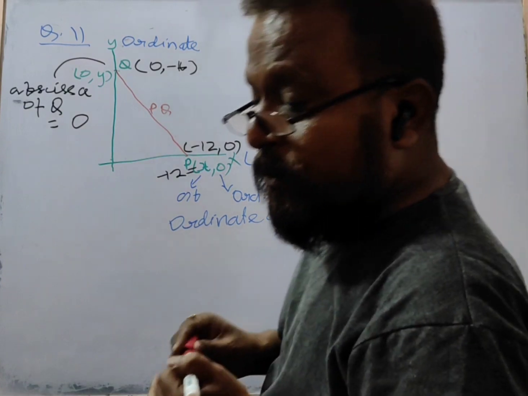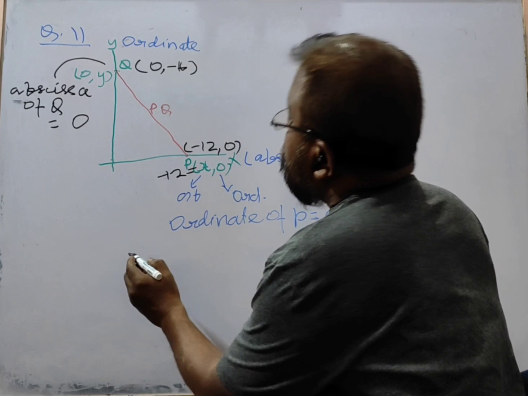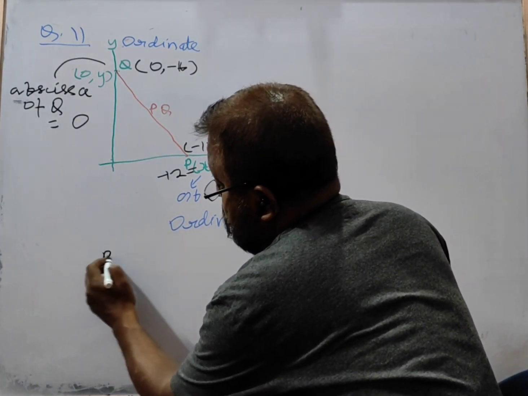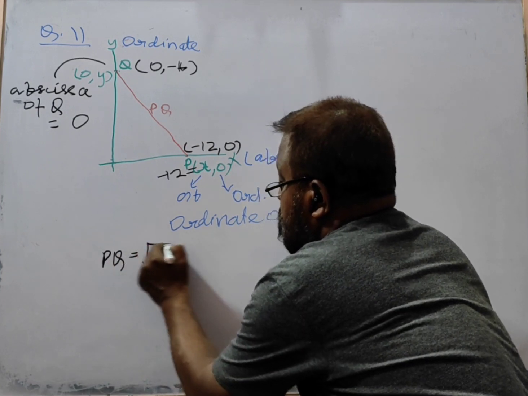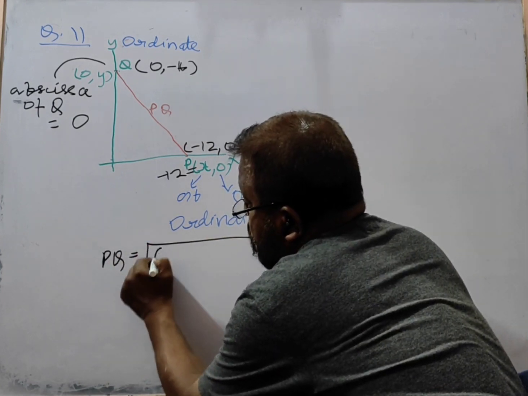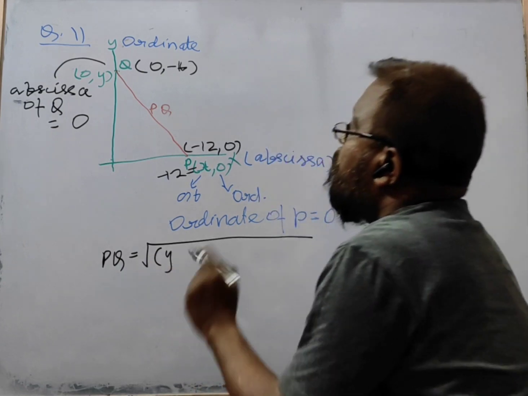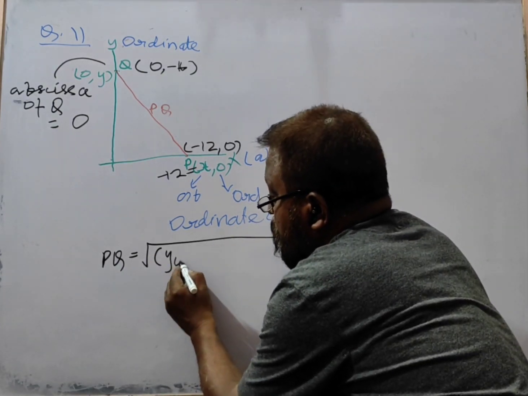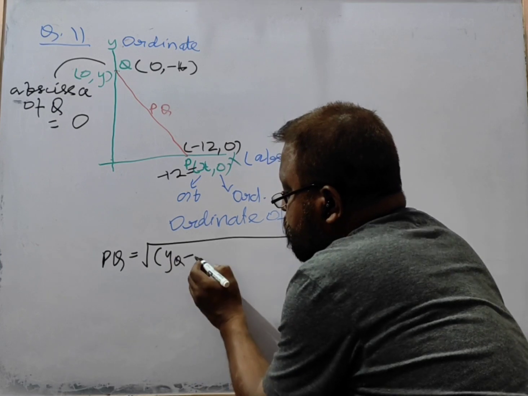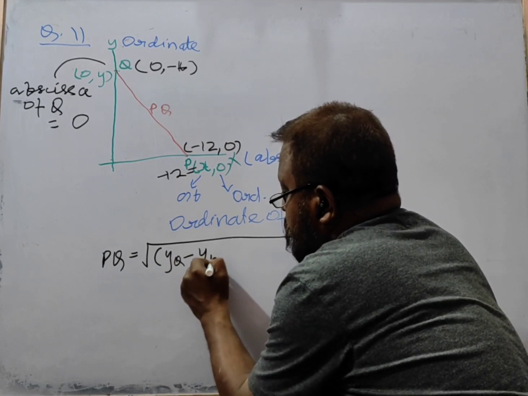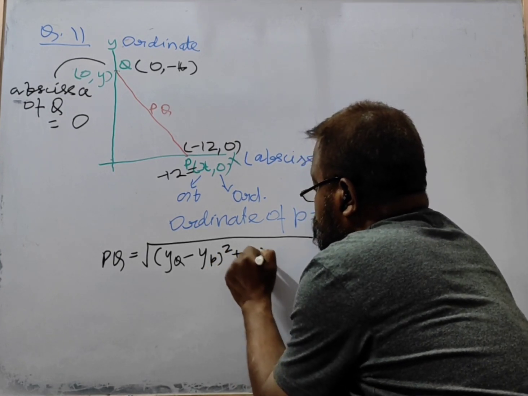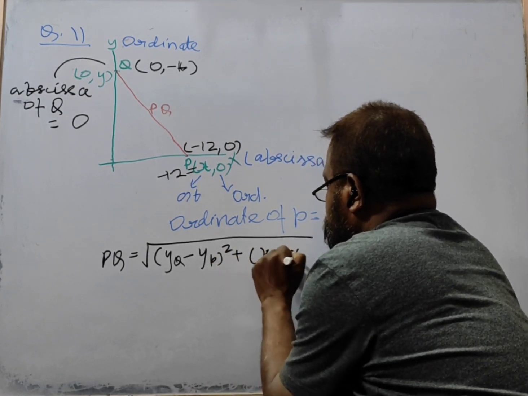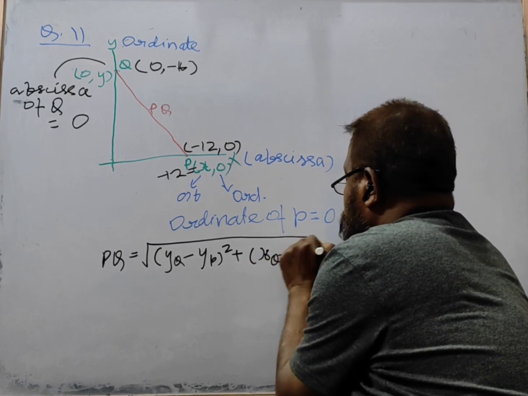And as you know, PQ is equal to the square root of (yQ minus yP) whole square plus (xQ minus xP) whole square.